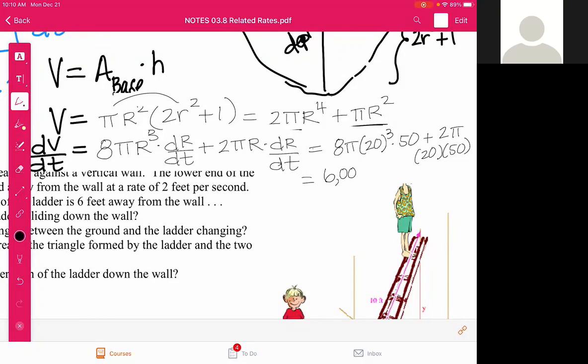Okay. 6, 4, how many zeros? 8? 1, 2, 3, 7, 8. And then a pi? Should just be a regular pi.